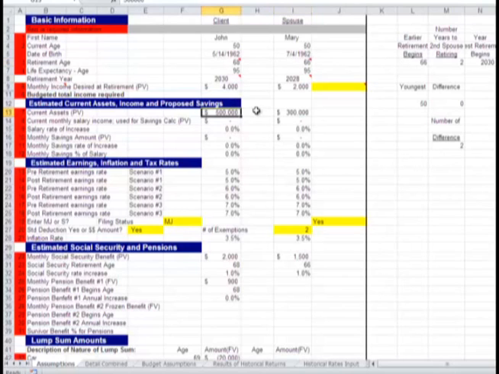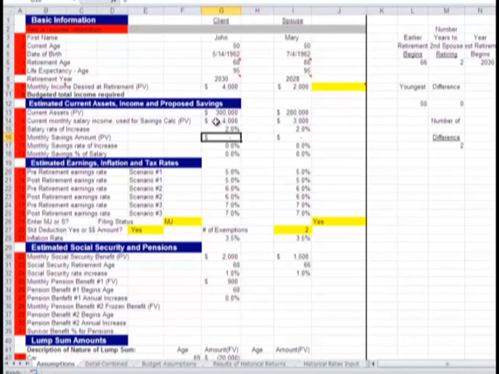Let's also reduce their assets. So John, instead of having $500,000, now has $300,000. And Mary has $200,000. John is making $4,000 per month. Mary, $3,000 per month. They're both getting a 2% increase in their salary each year.